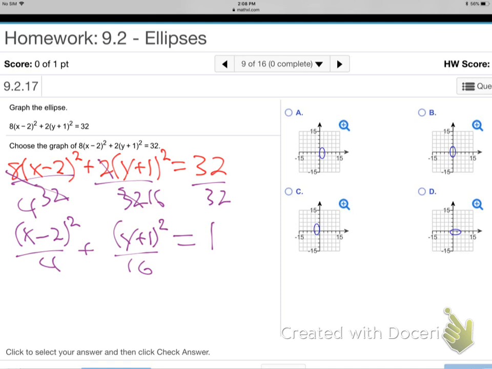So now that we've got a 1, find the center.